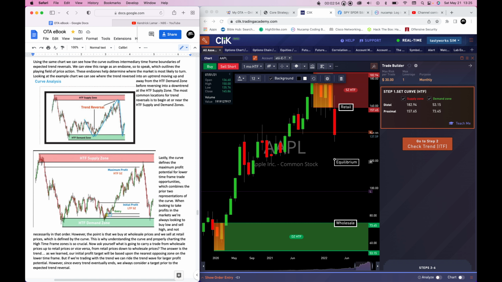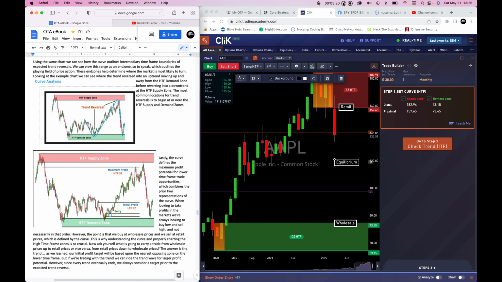Using the same chart, we can see how the curve outlines intermediary time frame boundaries of the expected trend reversals. We can view this range as an end zone, so to speak, which outlines the playing field of price action. These end zones help determine where the market is most likely to turn.